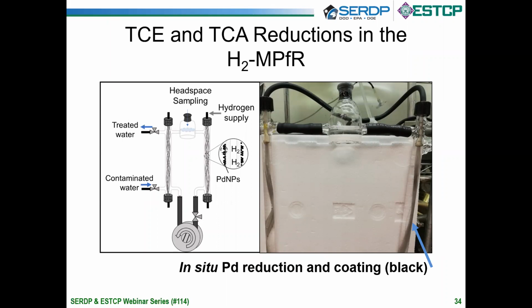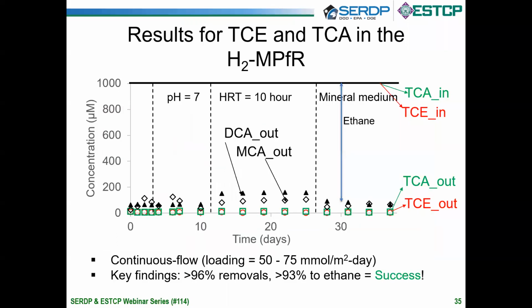You add oxidized palladium salt, and you add hydrogen to the membranes, and after a little while, you start to reduce a few palladiums to elemental palladium, and they form nuclei, and then you get this autocatalytic reaction. It goes faster and faster, and after a while, you get what we see on the right: a black coating of palladium nanoparticles on the fibers, and this coating is really, really stable. It turns out this is actually quite simple and easy and very effective. So this is what we did.